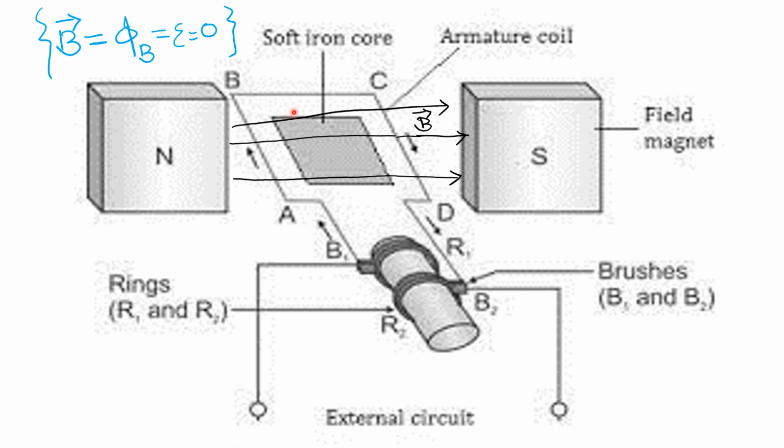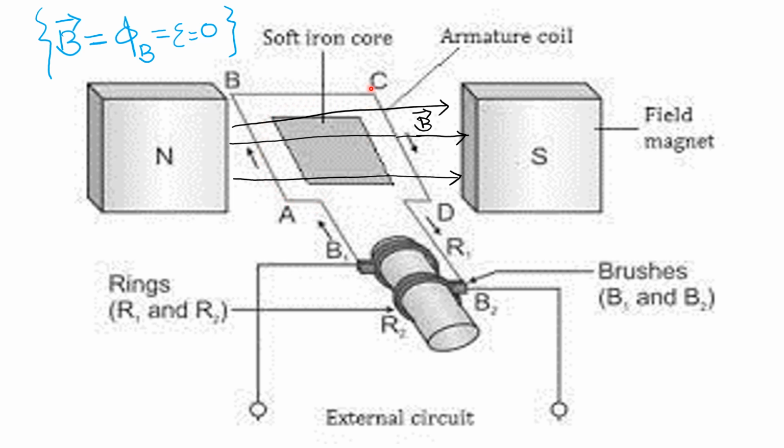There is another important component of the AC generator, which is known as the armature. This rectangular shape is a representation of an armature. The armature consists of a soft iron core, which is an iron cylinder, and it is wrapped or wound by copper wire.